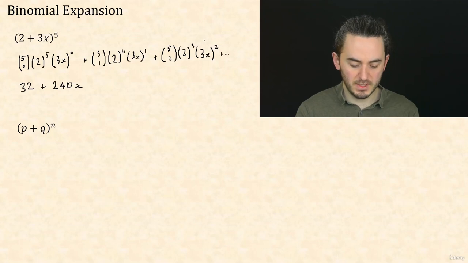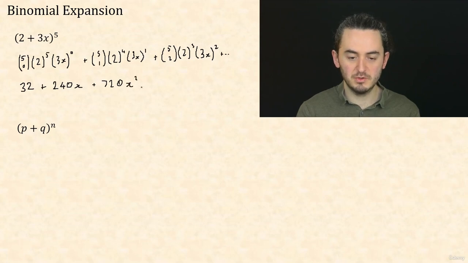And then here I've got 5 choose 2, which is 10, multiplied by 2 cubed, and then multiplied by 3 squared. And that's 720. So far we've got 32 plus 240x plus 720x squared, and that would continue until we had got to our x to the power 5 term.